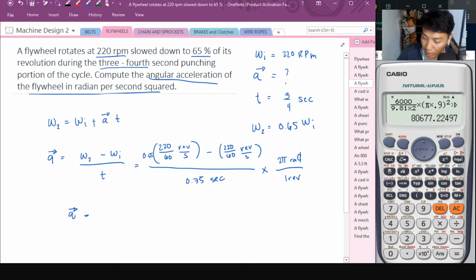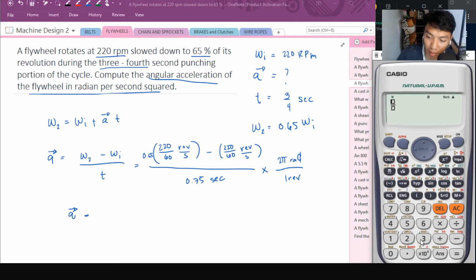Okay, solve natin. So, factor out ko na 0.65 multiplied to 0.65 minus 1. Finactor out ko na yung 220 divide by 60. Divide by 0.75.